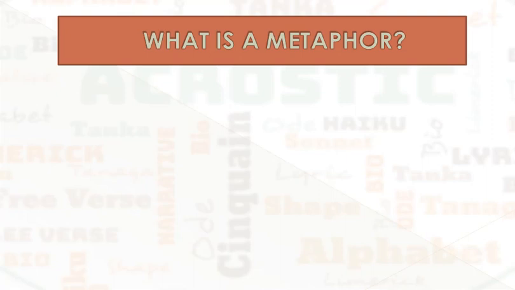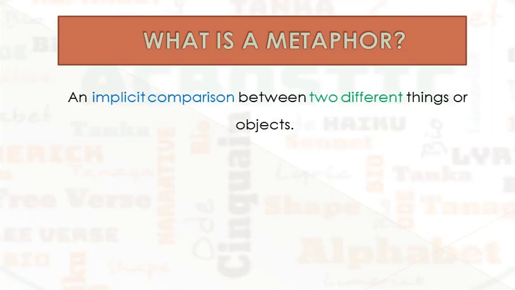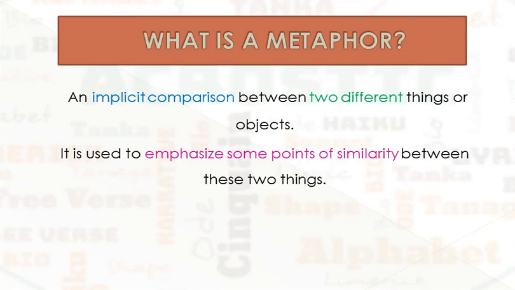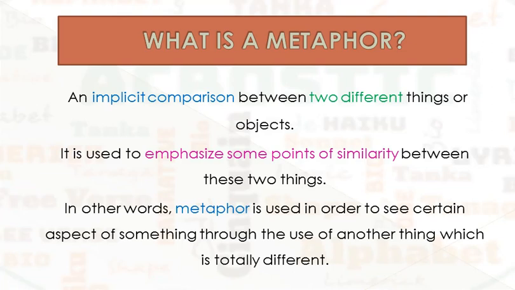However, while in simile we have an explicit comparison, here we have an implicit comparison between two different things or objects. It is used to emphasize some points of similarity between these two things that are different. In other words, metaphor is used in order to see certain aspects of something through the use of another thing, which is totally different.